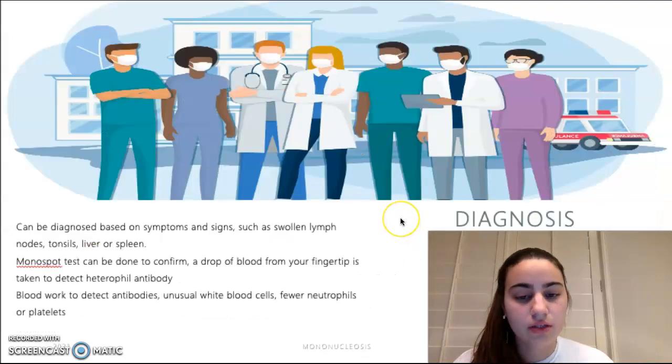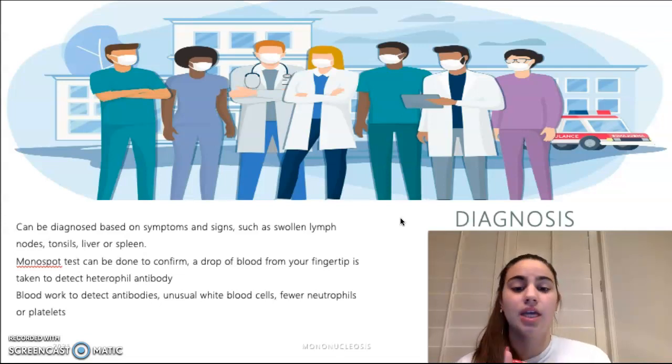Next, for diagnosis. Usually when you are feeling all these things, the doctor can tell because of your symptoms and signs. Once they look in your throat, it looks very apparent, what mono's little dots look like. But to confirm, they can do a monospot test, where they take a little drop of blood from your fingertip and look under a microscope to see if you have the heterophile antibody.